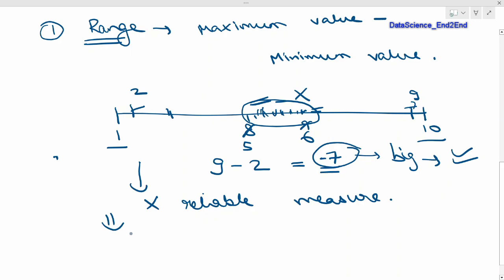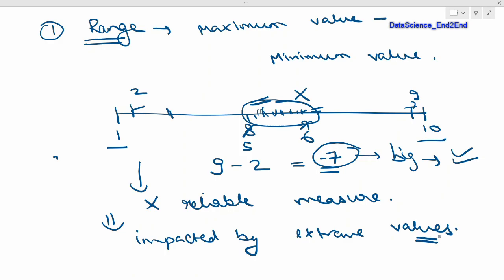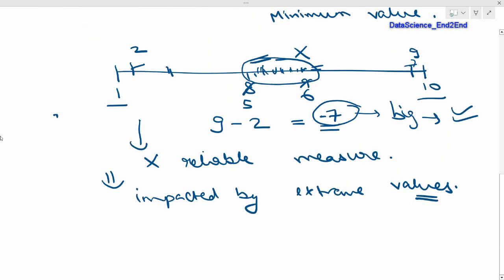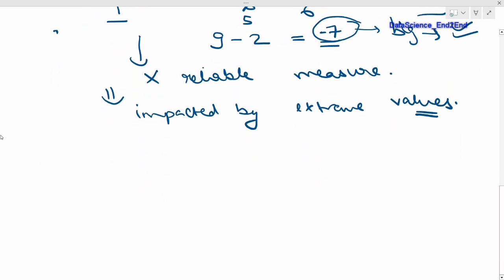Why? Because range is impacted by extreme values.